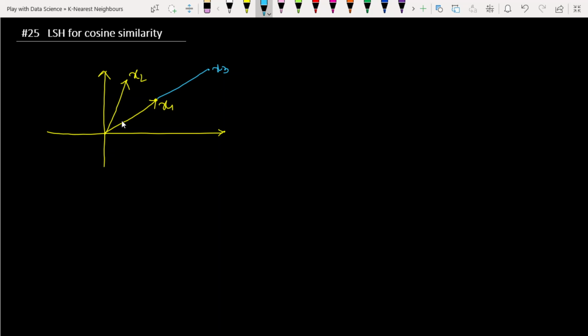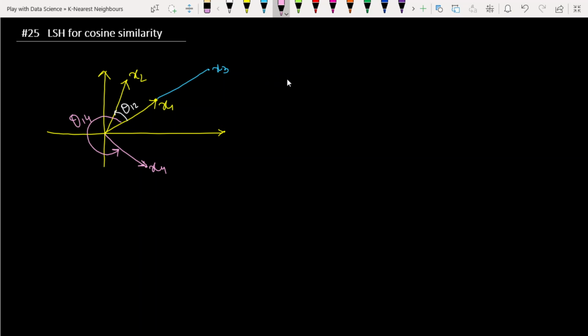If you look at the cosine similarity between x1 and x2, the angle between x1 and x2 is theta 1 2. Suppose we have another point x4 here, and the angle between x1 and x4 I call theta 1 4.